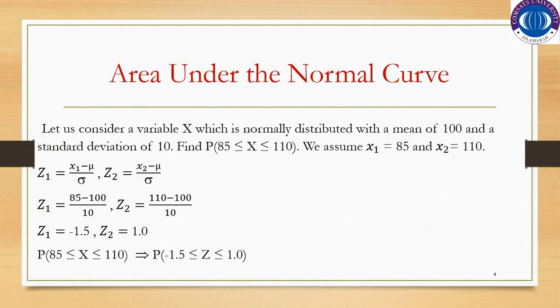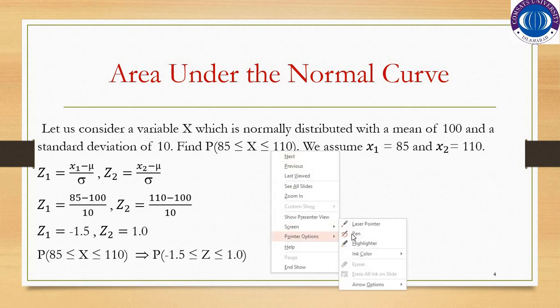Let us consider a variable x which is normally distributed with a mean of 100. It means mu is equal to 100 and a standard deviation of 10. Find out the probability 85 less than equal to x less than equal to 110.